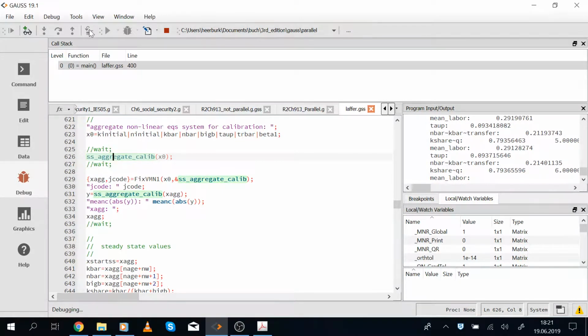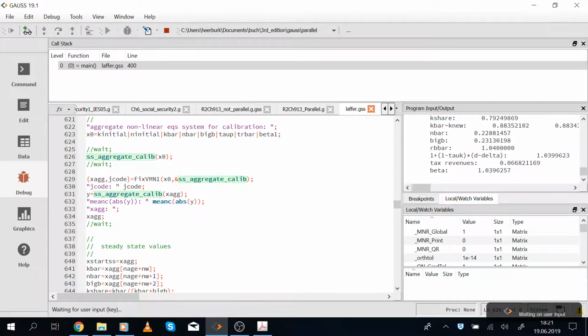In line 626, we invoke the procedure SS aggregate calib, which stands for steady state for calibration. What we provide as input into this procedure is the individual capital stock, the asset level.